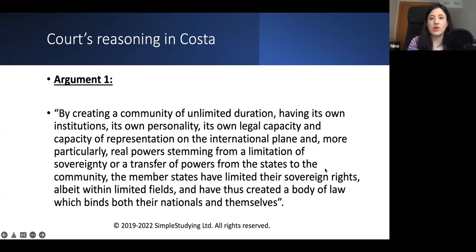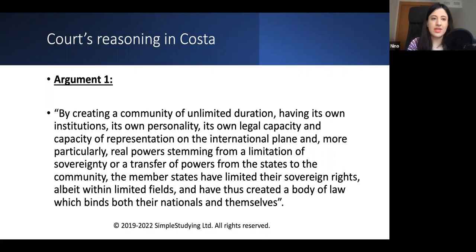It is important to understand the reasoning in Costa. There were different arguments made in this case. By creating a community of unlimited duration, having its own institutions, its own personality, its own legal capacity and capacity of representation on the international plane, and more particularly real powers stemming from a limitation of sovereignty or a transfer of powers from the states to the community, the member states have limited their sovereign rights.